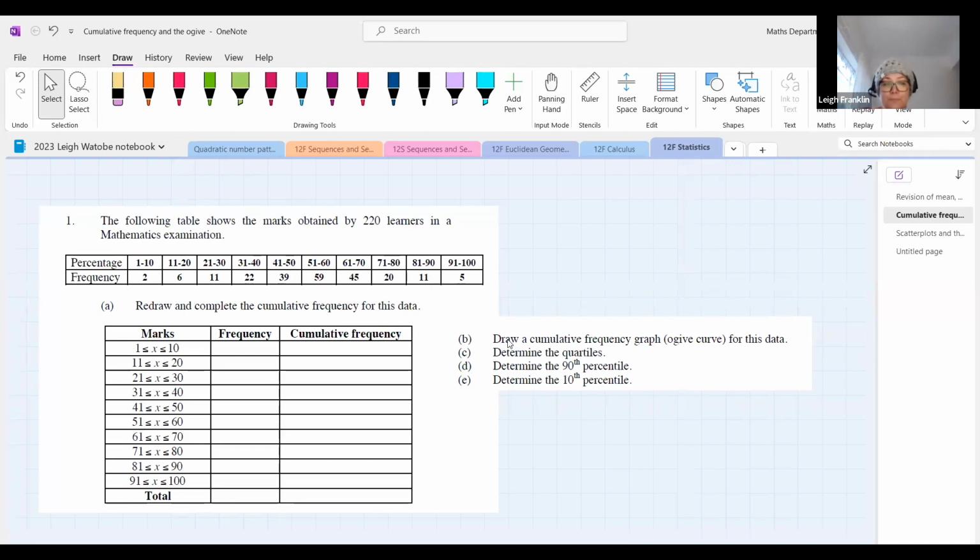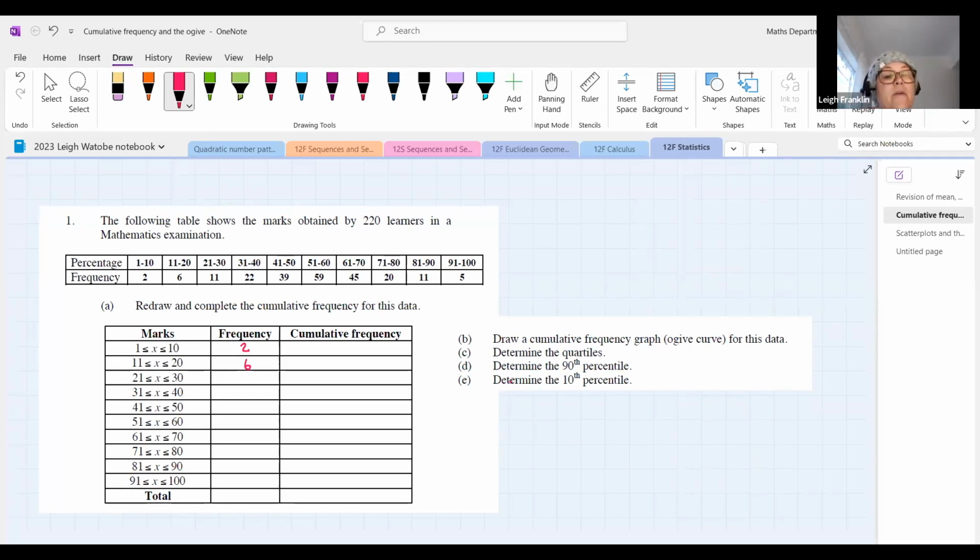The following table shows the marks obtained by 220 learners in a mathematics examination. What we need to do here is fill out our frequency column. So this 2 is going to go over there. Then there are 6 people that got between 11 and 20.